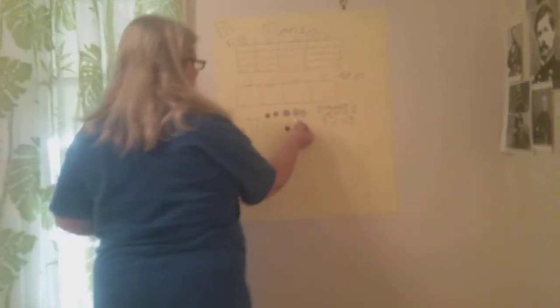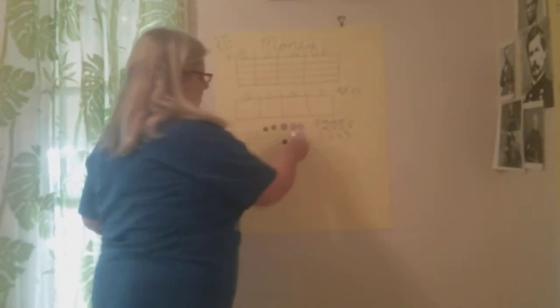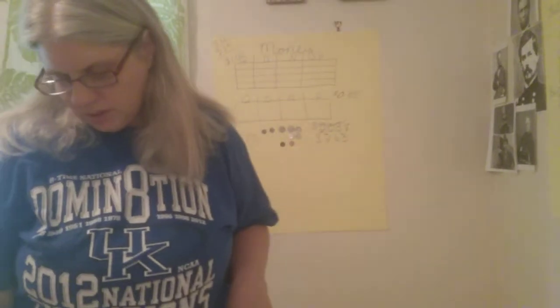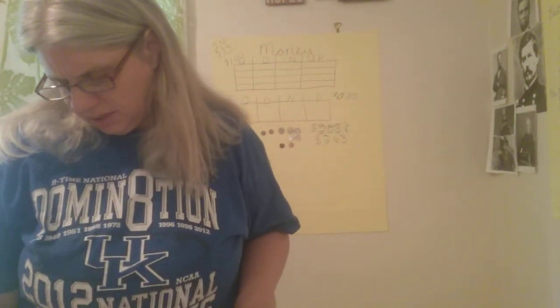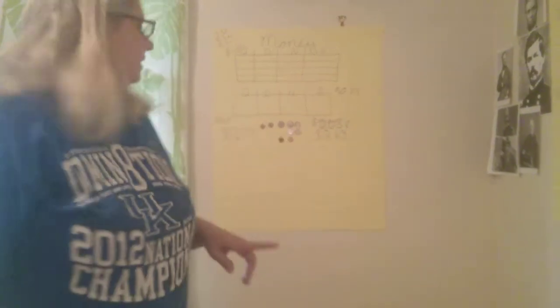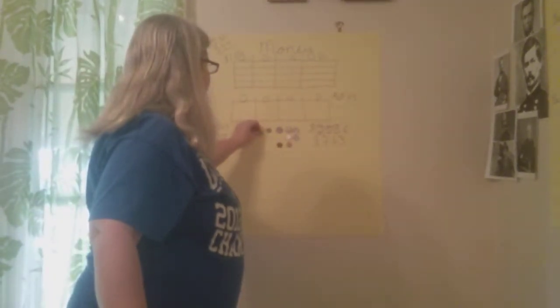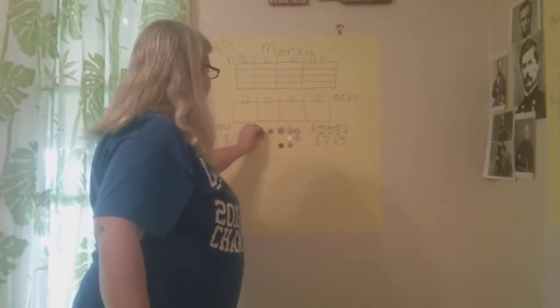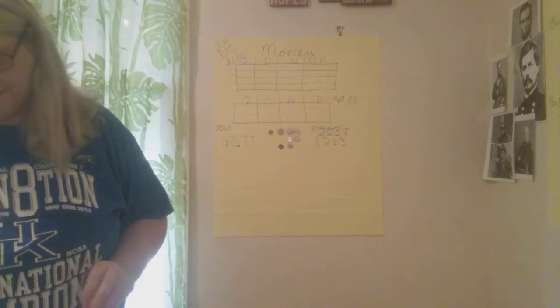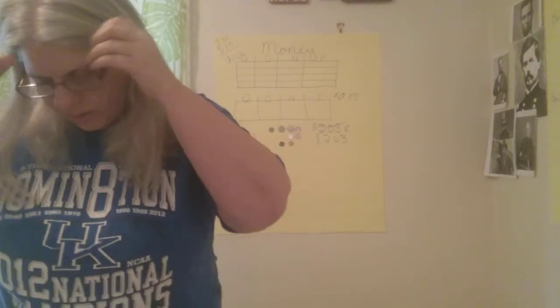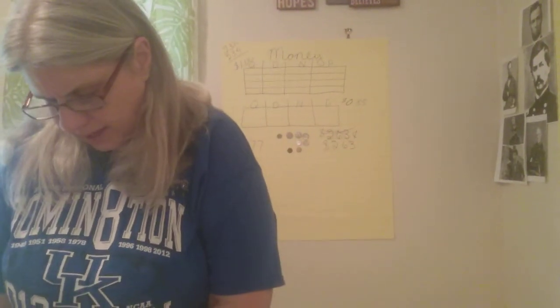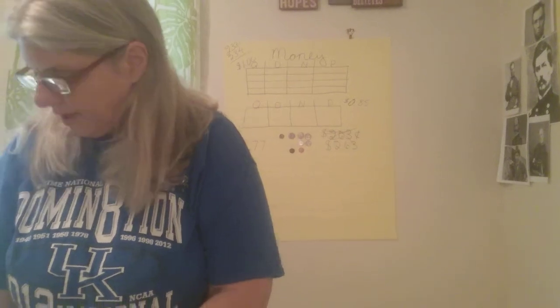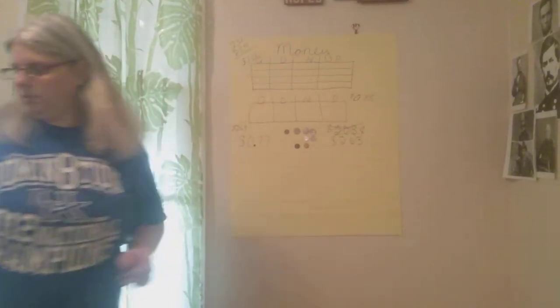Up and down the money goes. Where it stops, nobody knows. 1 dime. And 1, 2, 3, 4, 5 pennies. So we have 2 up there. We need 3 more. 1, 2, 3.